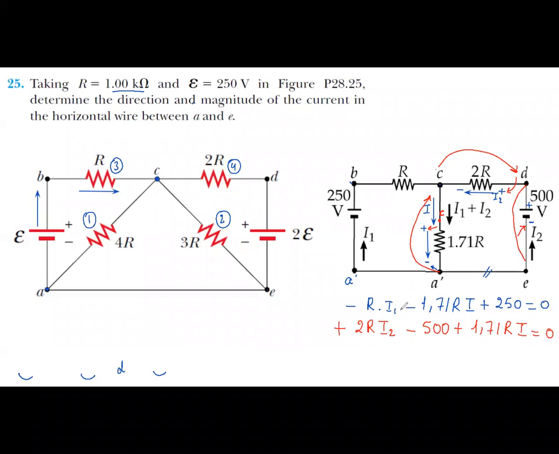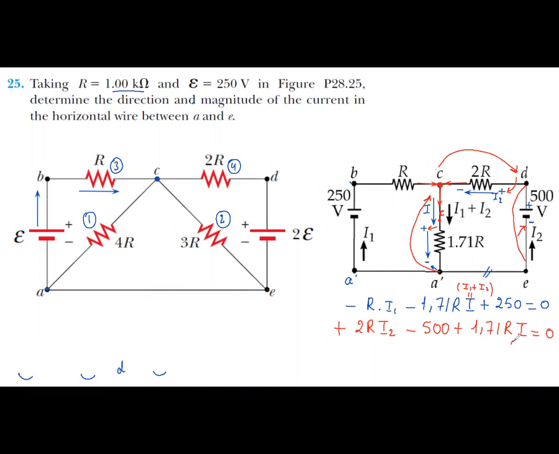Here we have I equals I1 plus I2. At this node, we have I1 in, I2 in, and I will be out, so I equals I1 plus I2.